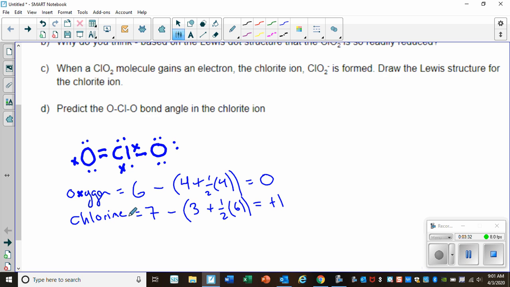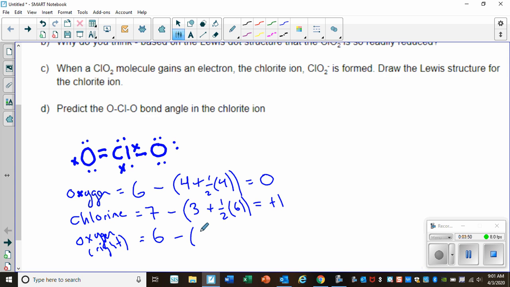And so overall, this is a molecule. There's no charge on it. So we have to hope that this last case, this other oxygen on the right, works out. There we go. 6 valence electrons to begin with.